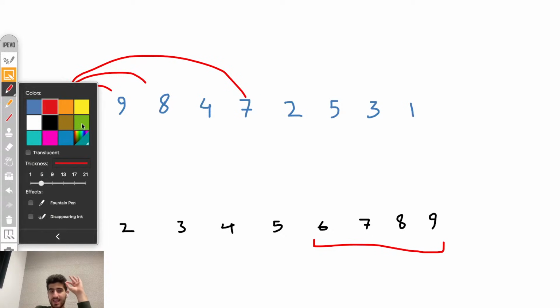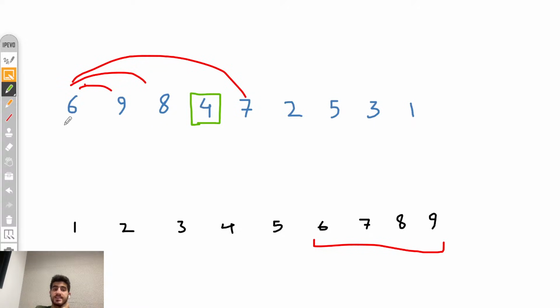Now, the X that I was talking about is here. I get to some X, like 4, that is less than this 6, and I have not yet seen everything that is greater than 6. So I reach a number that is less than 6, and there are still some numbers left that are greater than 6.